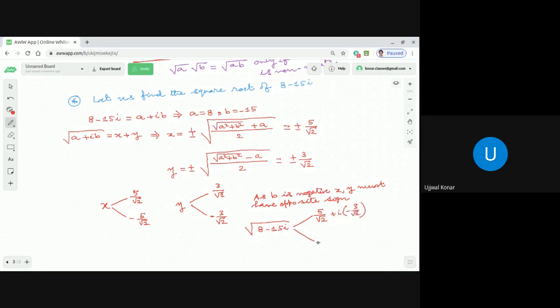And if we take x negative, that is minus 5 by root 2, then what has to be y? y has to be the positive value, that is i into 3 by root 2. Let me write properly.